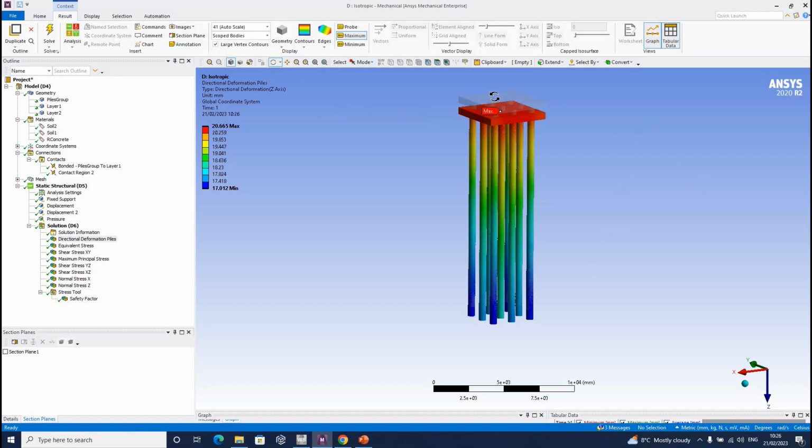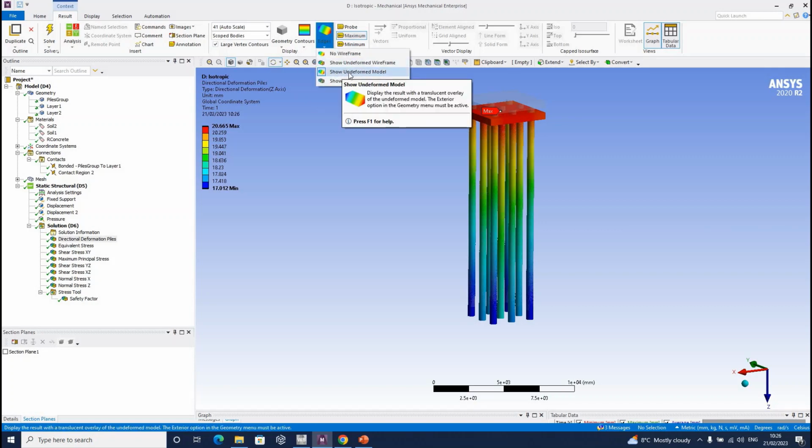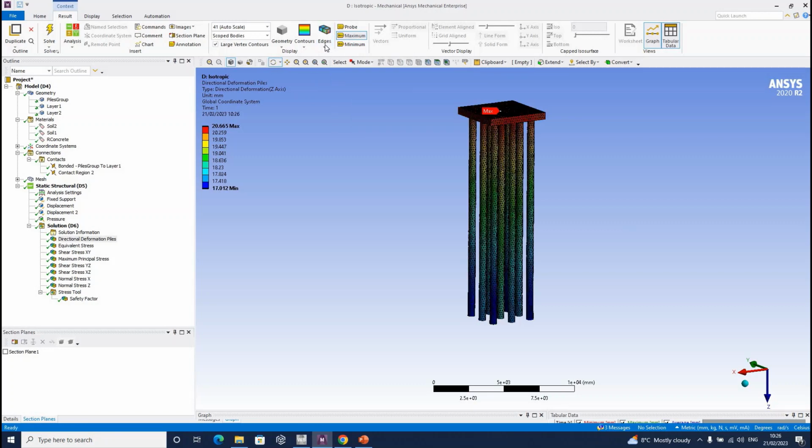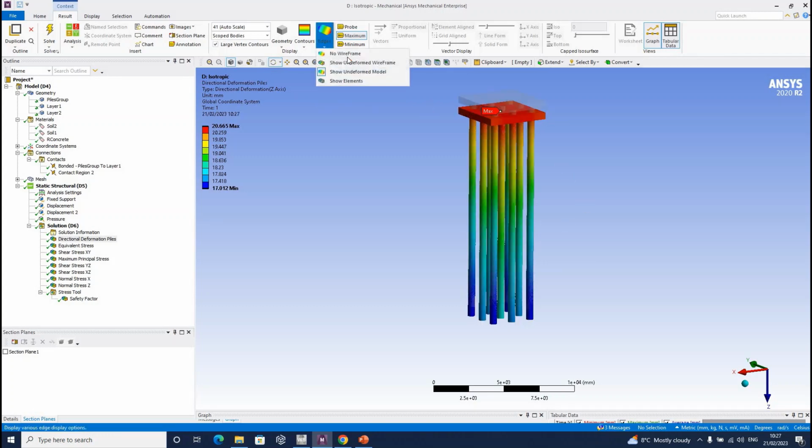Another useful thing is to see the undeformed structures or undeformed geometry. You can do that by showing in here or clicking in here, show deformed model. You can show or not the elements. Sometimes it's useful, sometimes it's not. I have decided not to show them in this case.